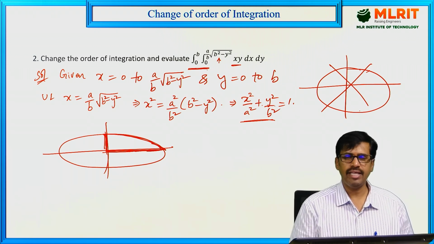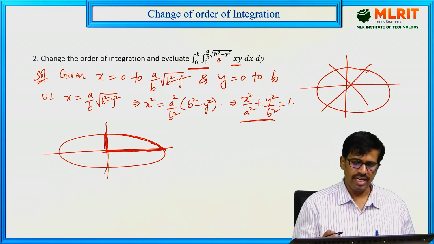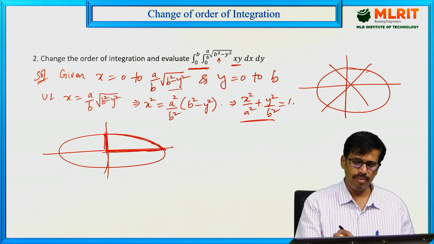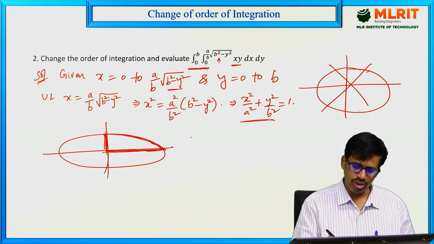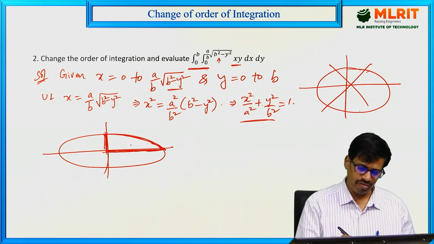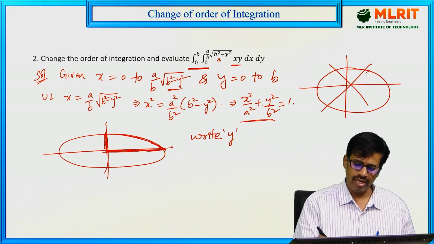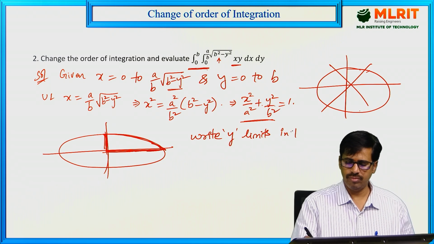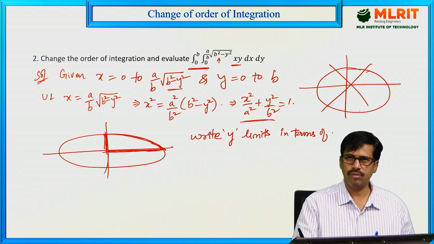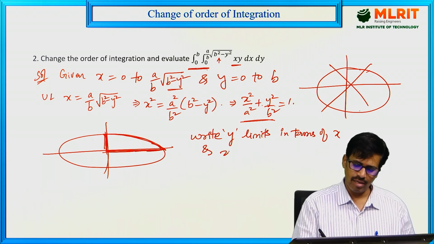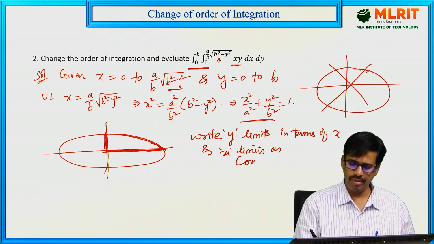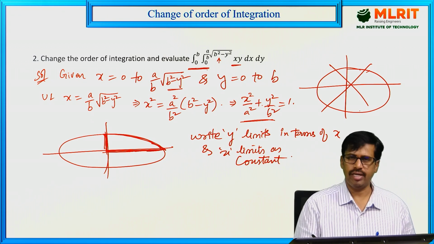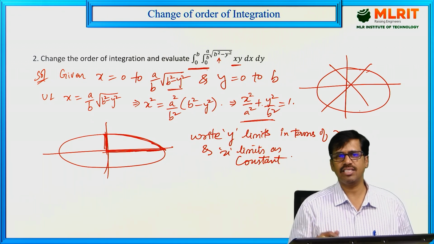Once we know that, to change the order: the x limits are in terms of y, so we have to write the y limits in terms of x, and take the x limits as constant. Then we say that the order of integration is changed.